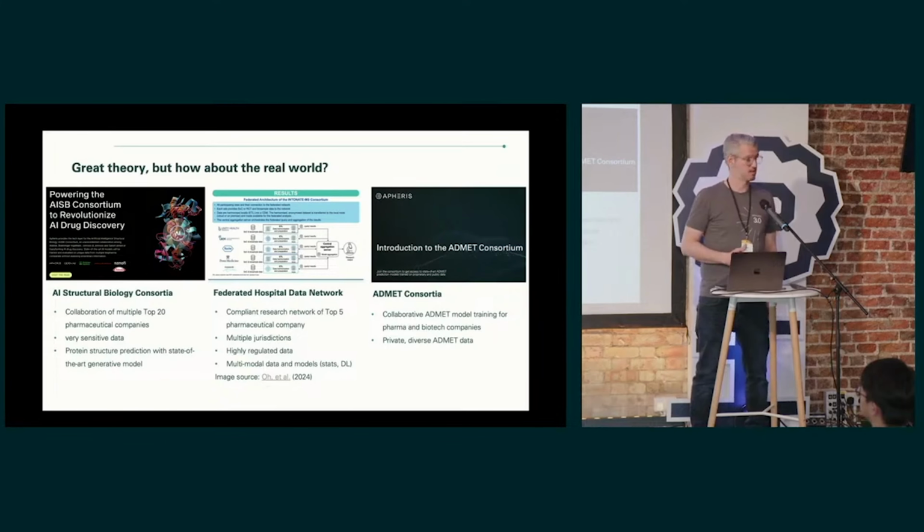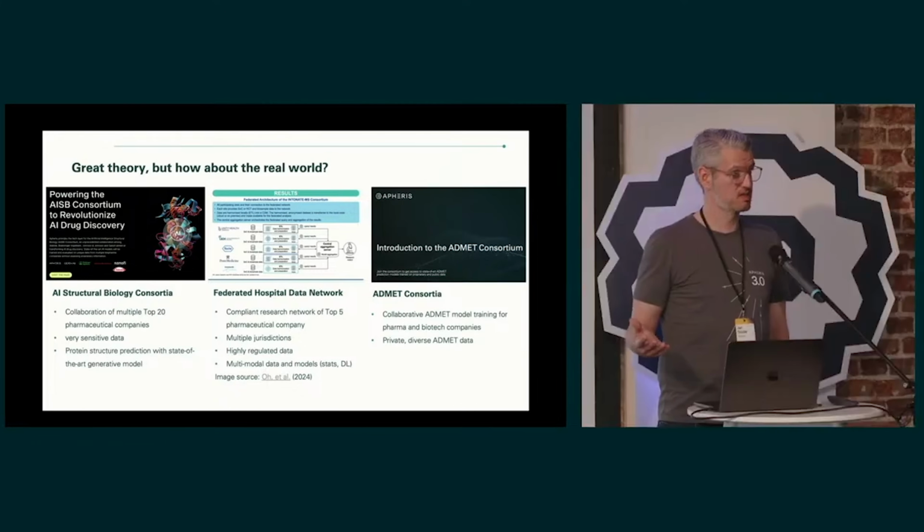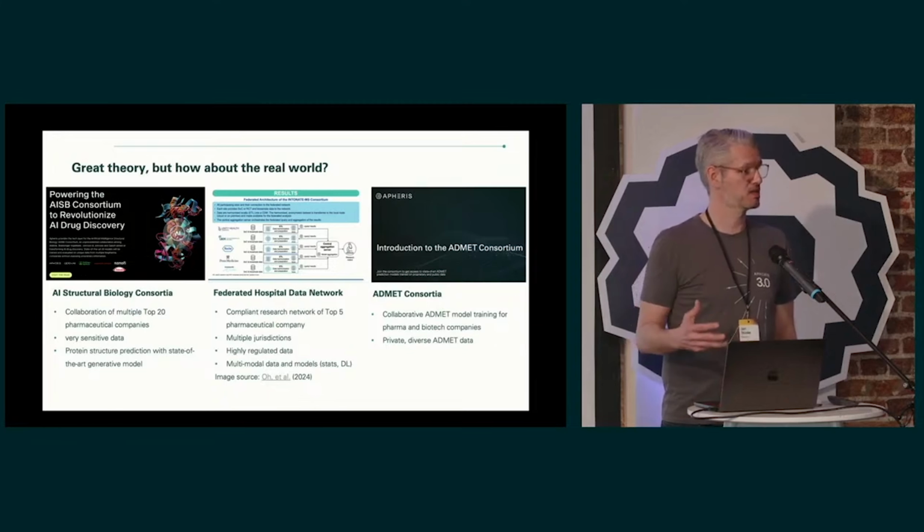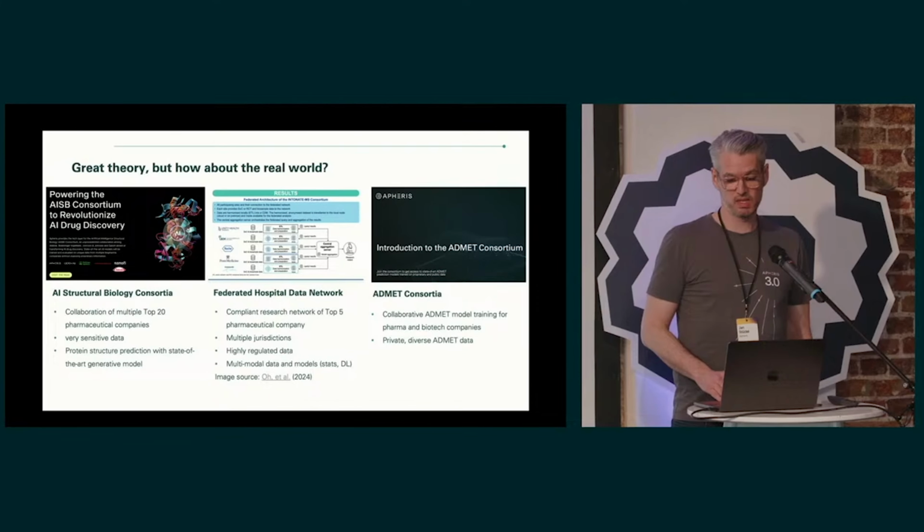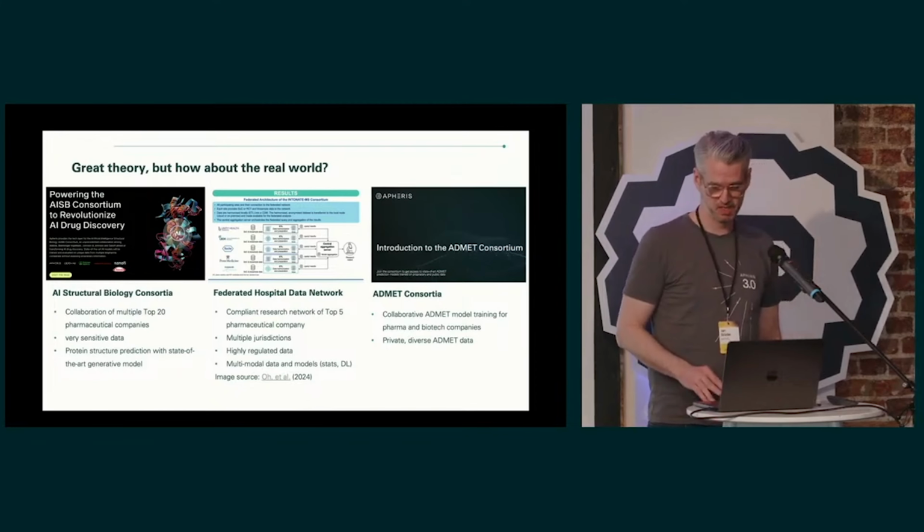And this is a use case that is needed across the life science industry because every compound needs to be tested for these properties to move further along in the drug discovery process. And of course, this is also core IP of all these pharma companies and all the collaborators in these consortia. So we also need to take care of preserving the privacy and the confidentiality of this data.